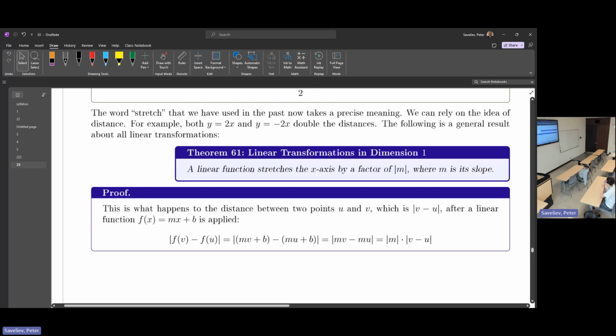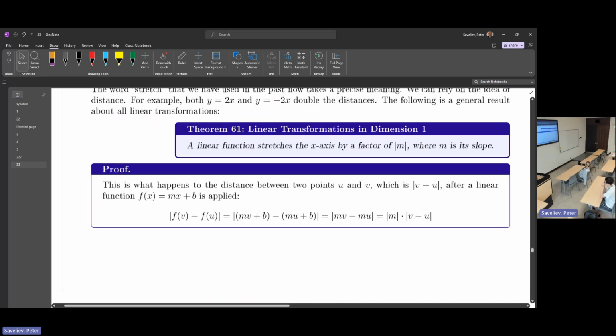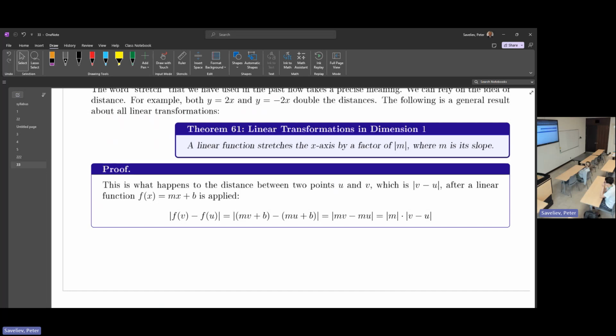The absolute value of m, if we have a transformation, turns out to be what just came up a minute ago. So the slope of a linear function has a different interpretation now. It is the stretching factor.